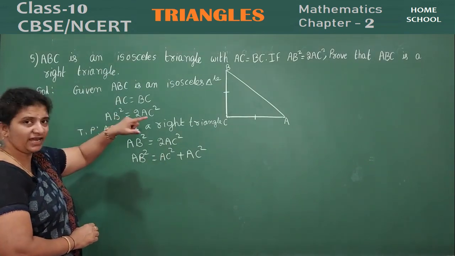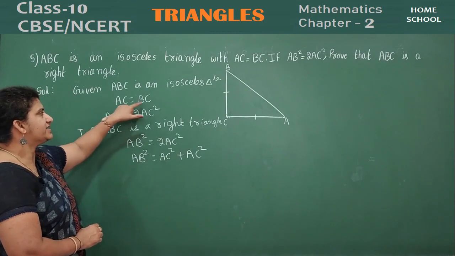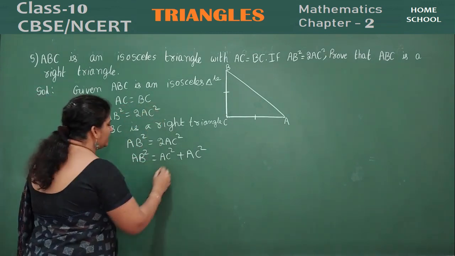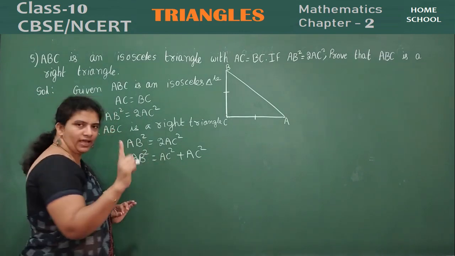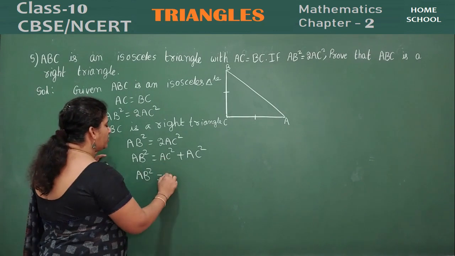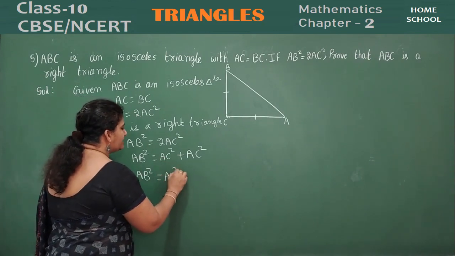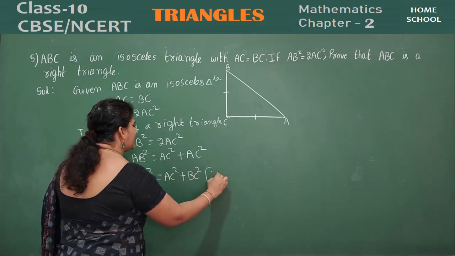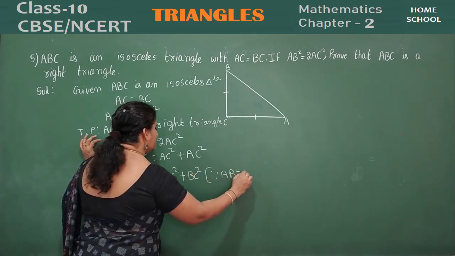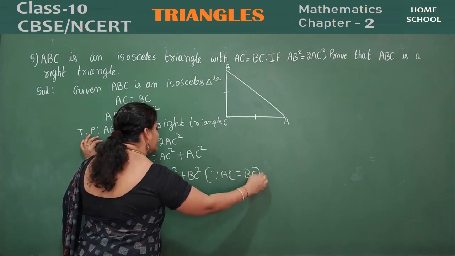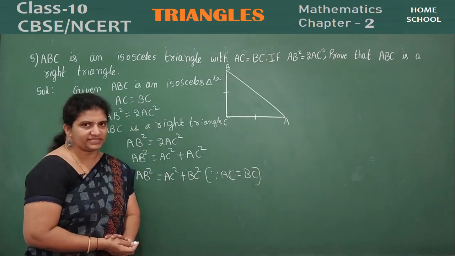I know it is a right triangle, right? So AC is equal to BC. Any one side only I am going to change. AB square is equal to AC square, I'll change this to BC square, since AC is equal to BC.